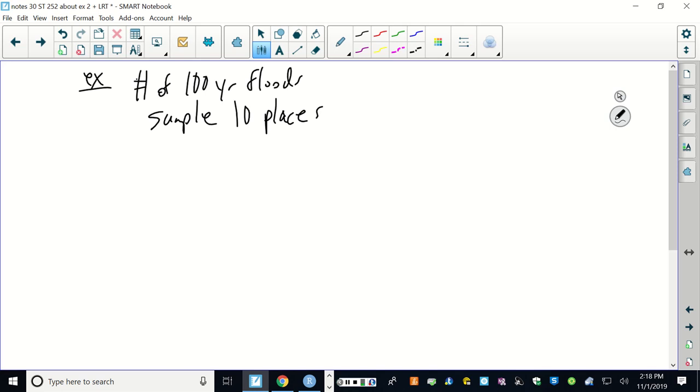It might be in this, 10 spaces that are spread apart. Two places really close together probably have the same results, but if they're spread apart, they're different river systems, different watersheds, and so on, then maybe they're different.